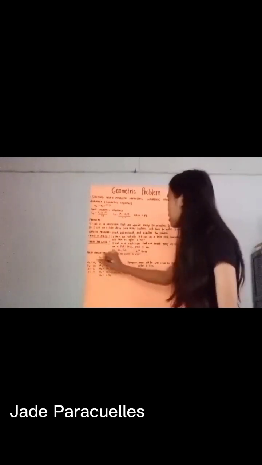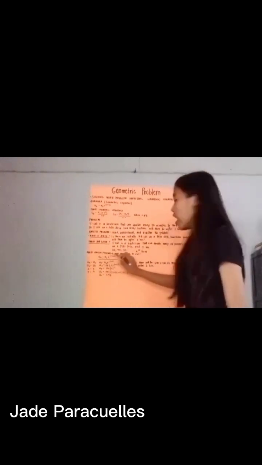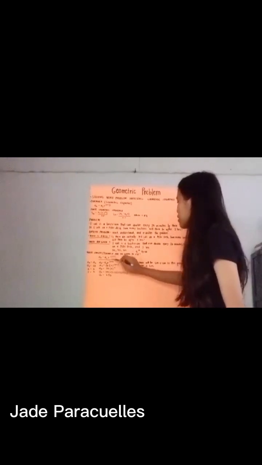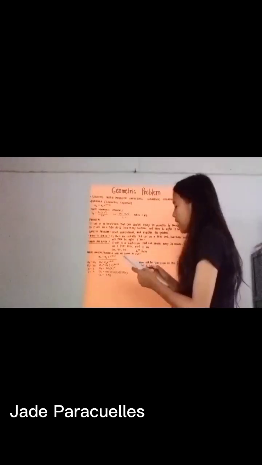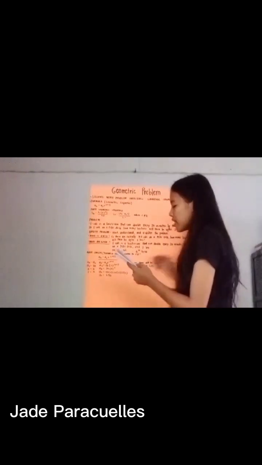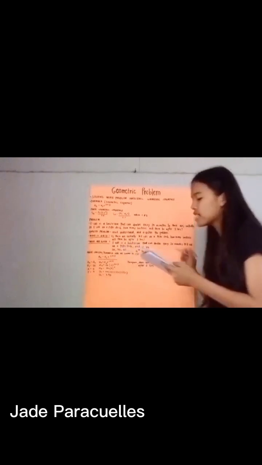Okay, what formula are we going to use to find the 6th term? We're going to use this formula: A sub n is equal to A sub 1 times r raised to the power of n minus 1.